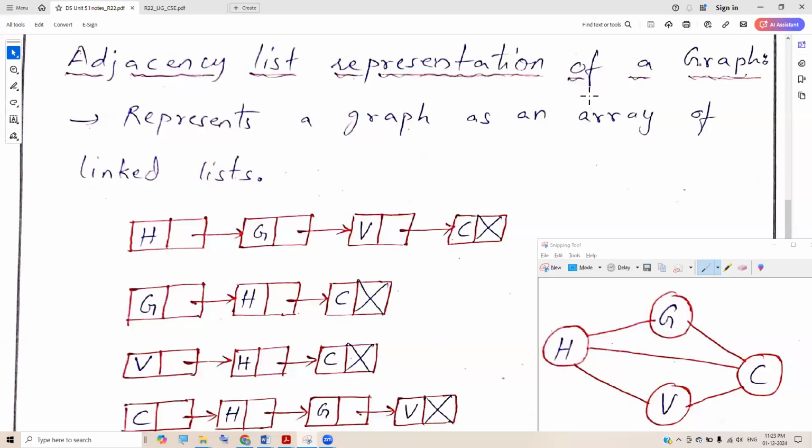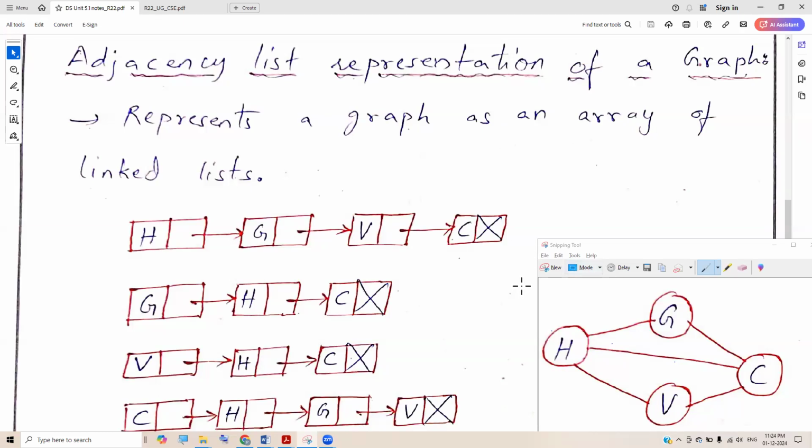Now let us find the space complexity for the case of adjacency list representation. First, let us count all the nodes given in the adjacency list representation. So 1, 2, 3, 4, 5, 6, 7, 8, 9, 10, 11, 12, 13, 14. We have a total of 14 nodes for the given graph with 4 vertices.